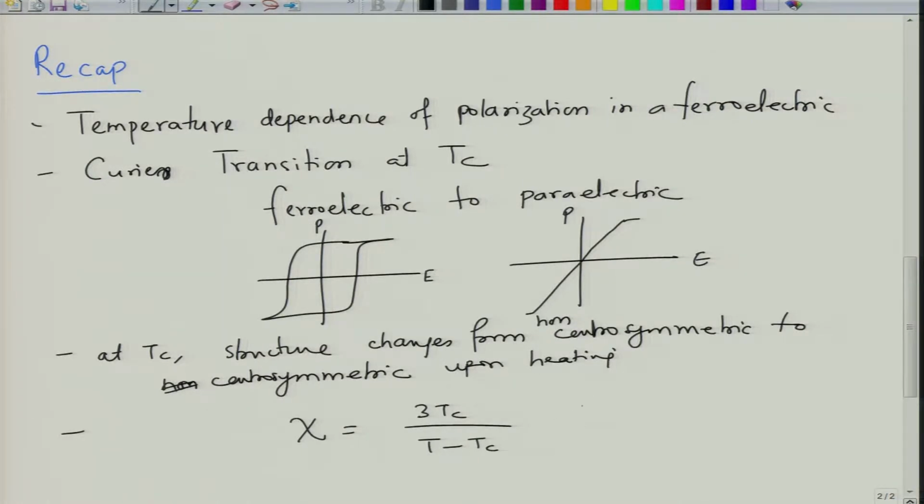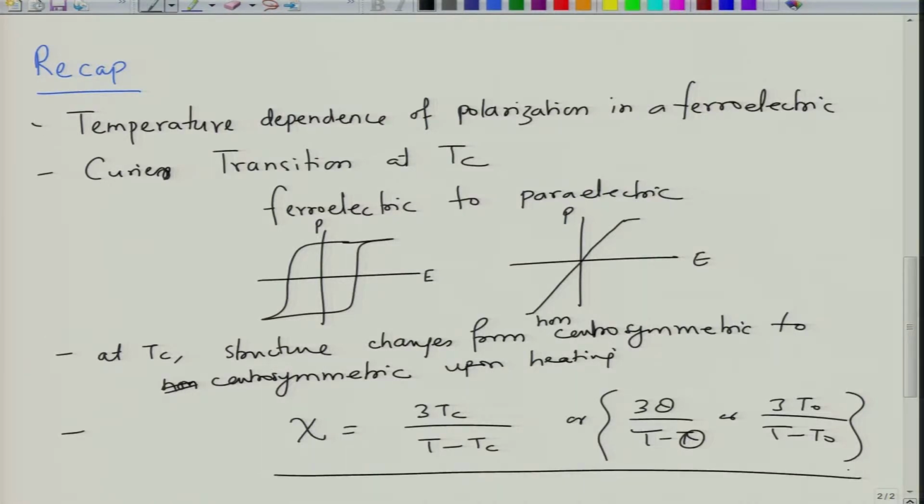In many books it is also written as C divided by T minus theta, or you can also see it written as C divided by T minus T naught. So, it depends upon the type of book that you are following, but generally this is the behavior that susceptibility follows as a function of temperature. So, basically you can see from here that as T approaches Tc, the susceptibility tends to become very large, and this is also manifested in dielectric constant.